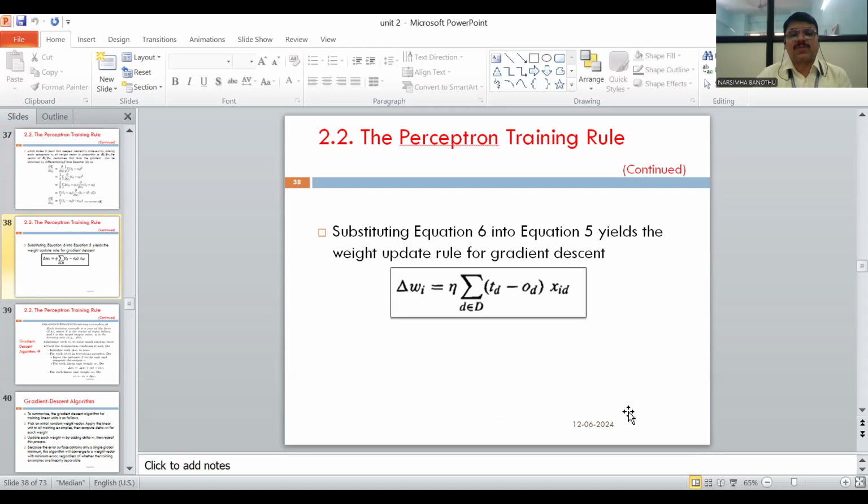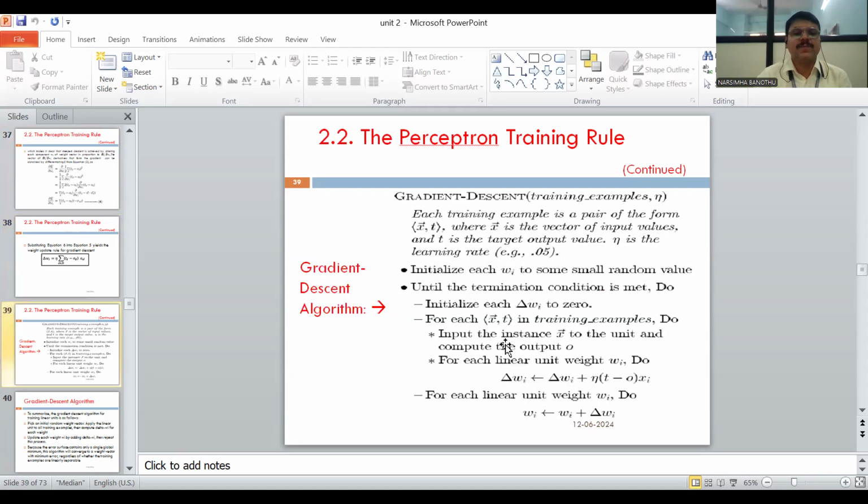Substituting equation 6 into equation 5, we get the weight update rule for gradient descent. So we call this the gradient descent algorithm. Training examples: each training example is a pair of the form x, t, where x is the vector of input values and t is the target output value, right?